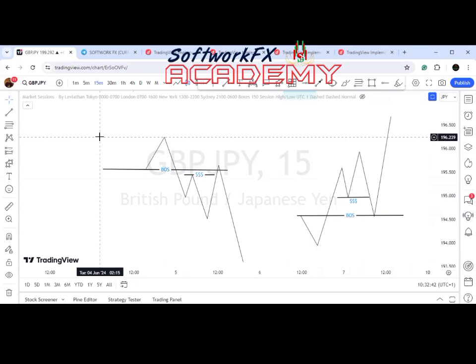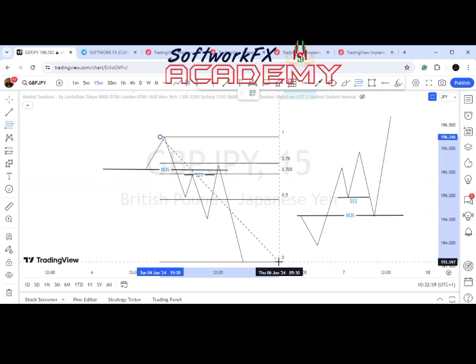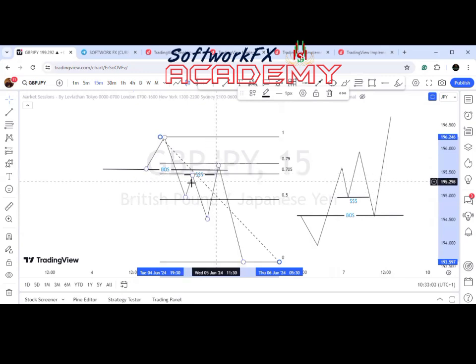But for those that understand what a premium or discount zone is, your breaker block must be within your premium or discount zone. For instance, if I bring out my fib and fib this move, you see this is above 50%. Any price above 50% is my premium zone, and this is a sell scenario.